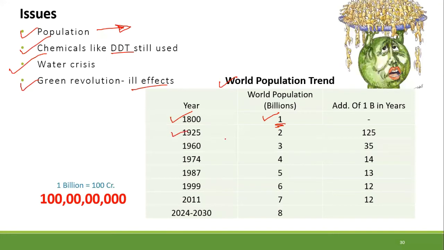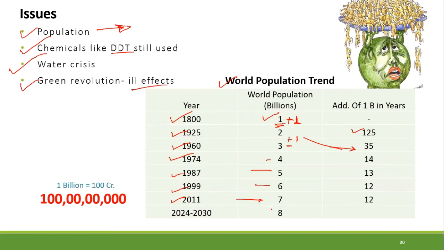In 1925, we added 1 billion, in 125 years. It took 125 years to add 1 billion, correct? In 1960, world population became 3 billion. So for this 1 billion, it required 35 years. Next, 1974, 4 billion, 1987, 5 billion, 1999, 6 billion, 2011, 7 billion.